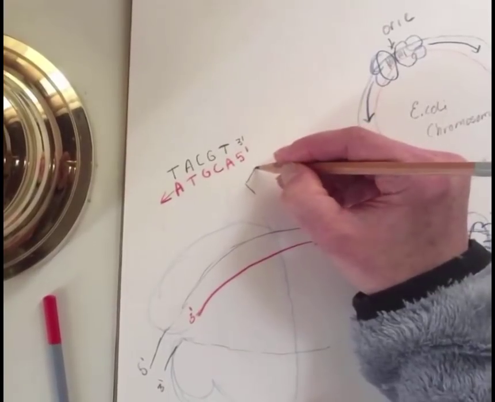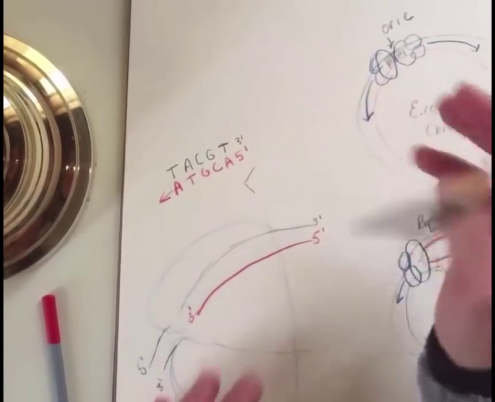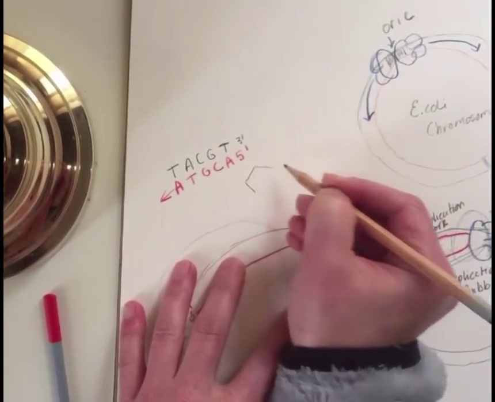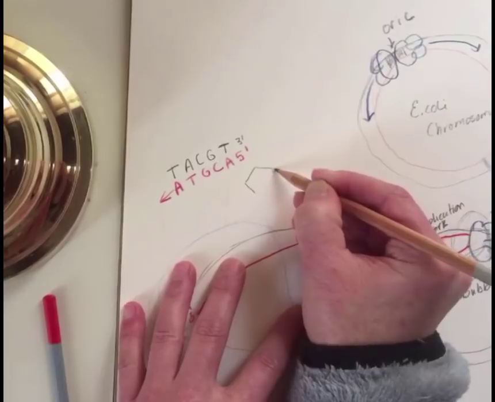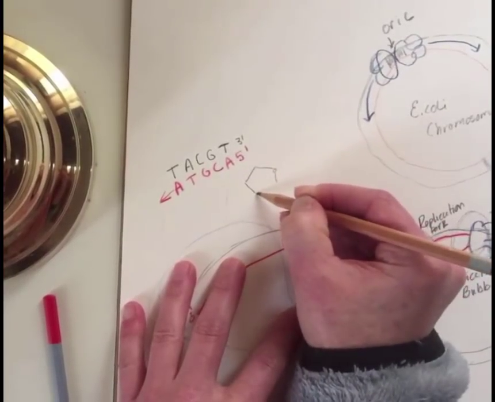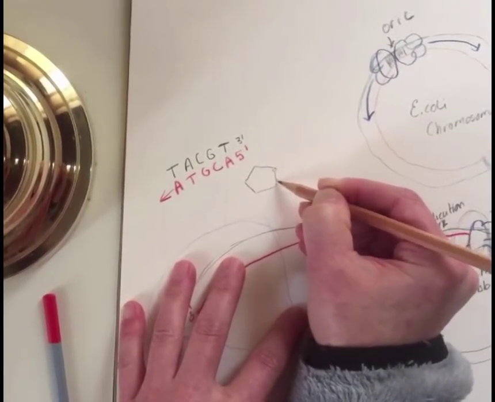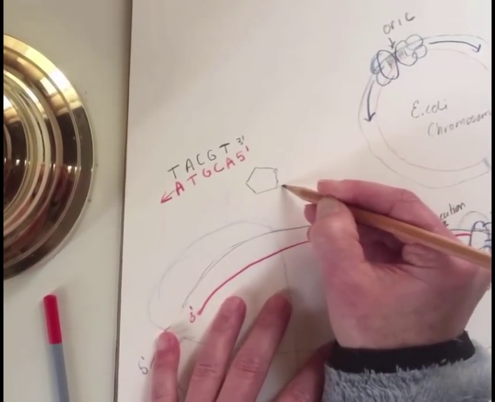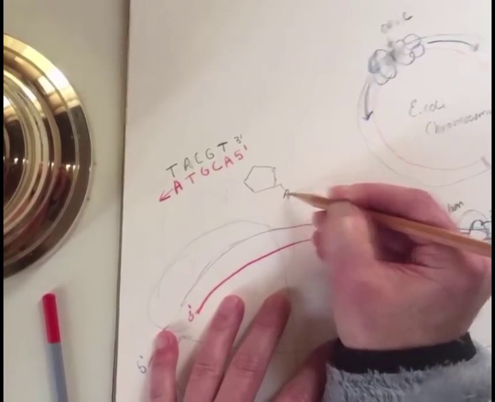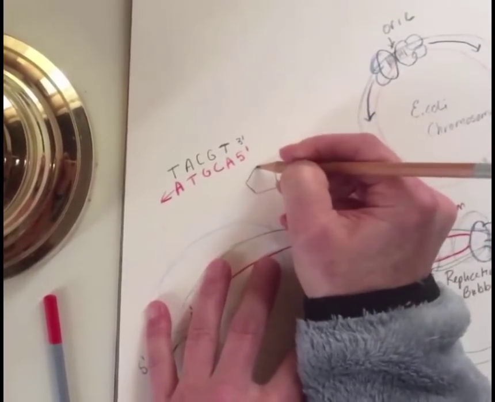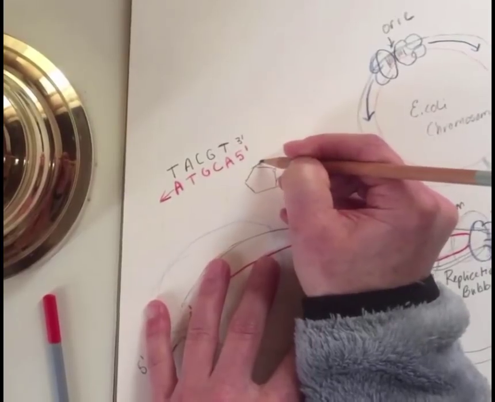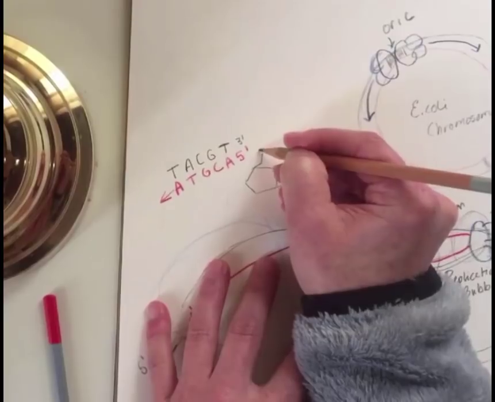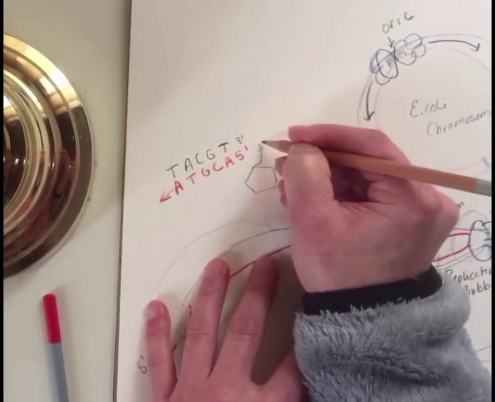recognizing that, and actually let's, yeah. This is an A, and then at the carbon 5, there's an attachment to a phosphate.